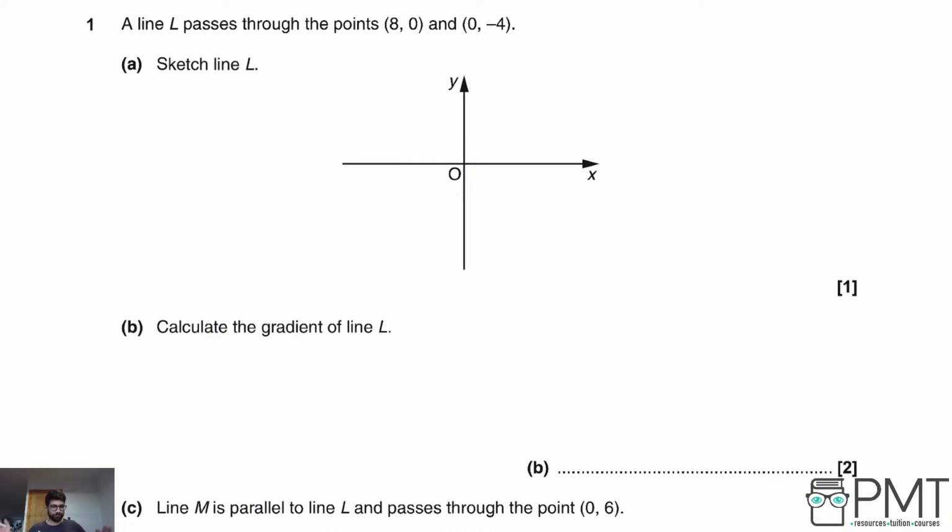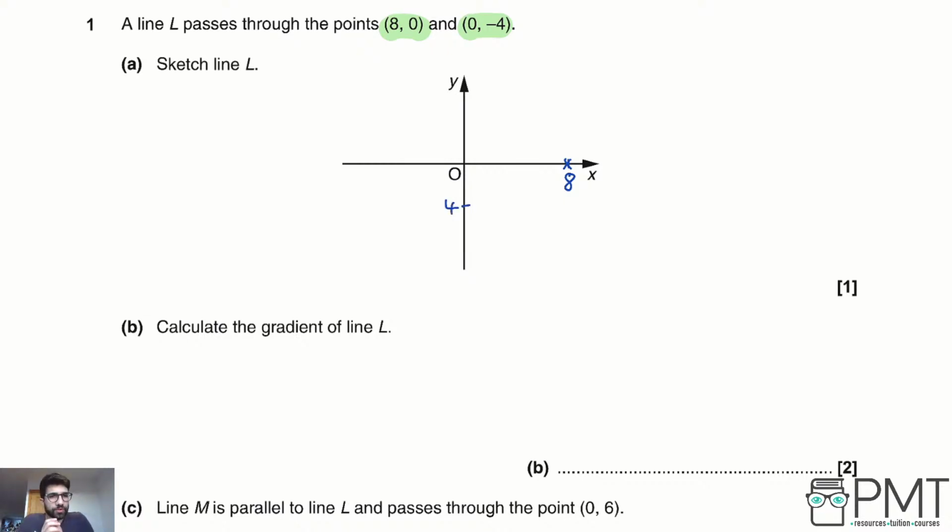Right, the first question: line L passes through the points 8, 0 and 0, minus 4. We want to sketch line L. So we are given 2 points. Let's put these onto our coordinate axes. We have got 8, 0. Let's say this is 8, so that's going to be my point. And then 0, minus 4.